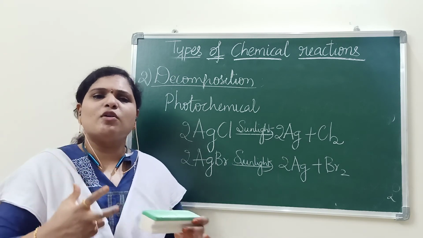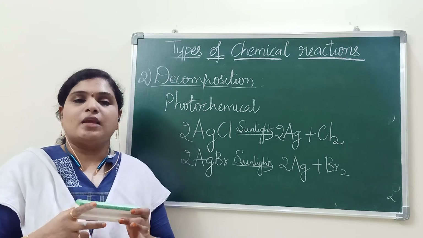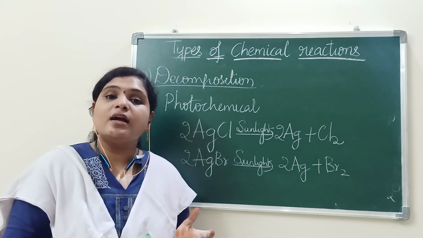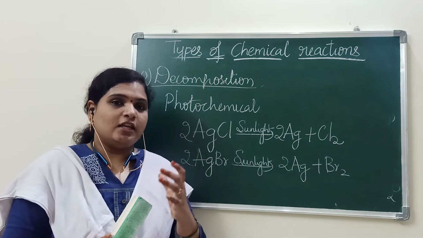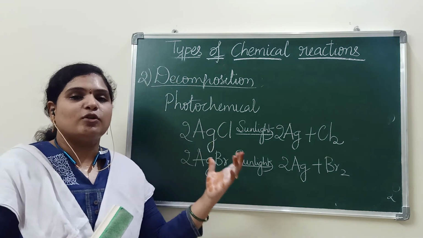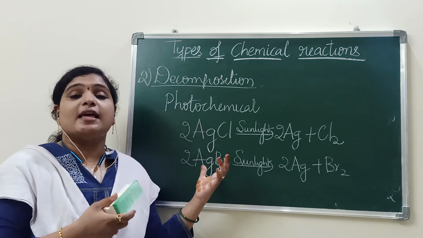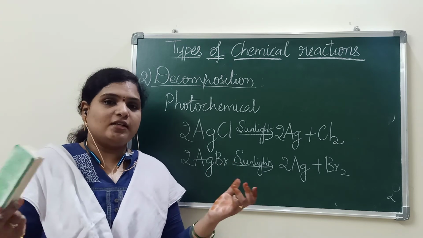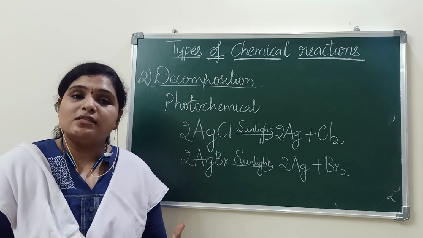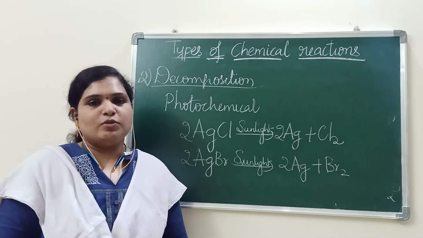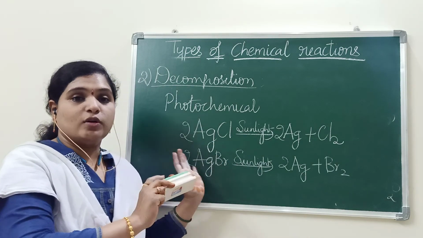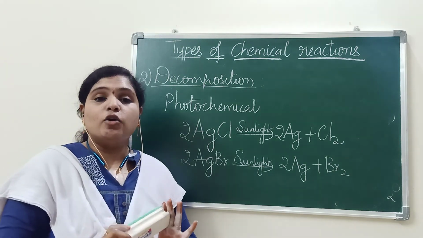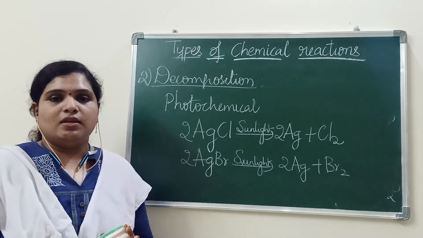They will take some form of energy and they will decompose into their constituent parts. That is nothing but decomposition. If it is sunlight, photochemical decomposition. If it is electric current, electrolytic decomposition. If it is heat, then thermal decomposition. Okay, all the decomposition reactions we have seen are endothermic reactions.